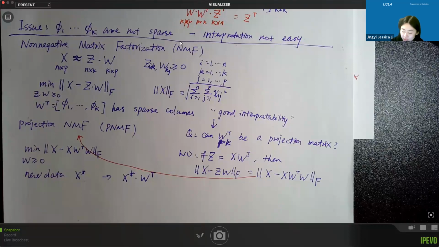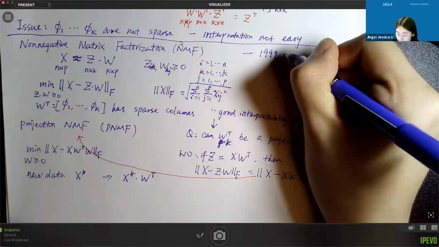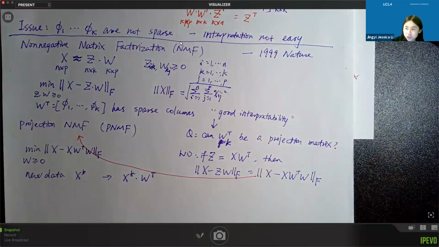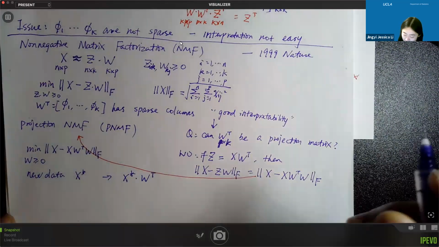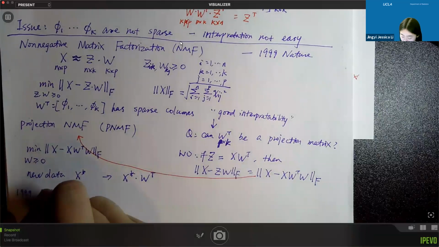And if you're interested, the 1999 original Nature paper, you can check it out. It does not have a biology application, but it is an image application, which is very interesting. So in that application, maybe I can talk about it a little bit. Okay, so let me say a little about the 1999 Nature paper.